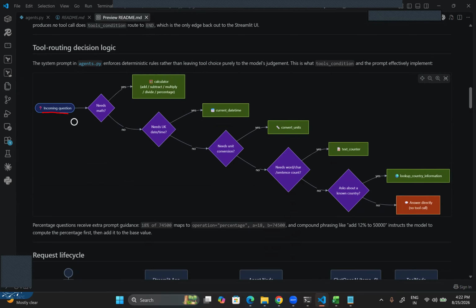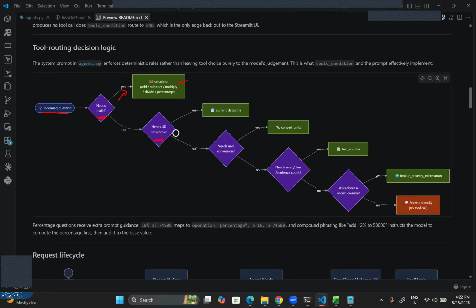Incoming question, a query. The tools condition part says: need math? If yes, call the calculator tool. If no, it goes to another condition.